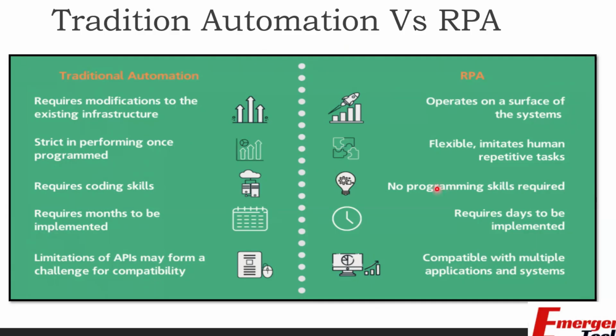Actually, no programming skills will be required to implement RPA. And it's easy to implement, in terms of weeks, depending on the complexity and how much duration we need. And RPA is compatible with multiple applications. So that is the quick comparison.